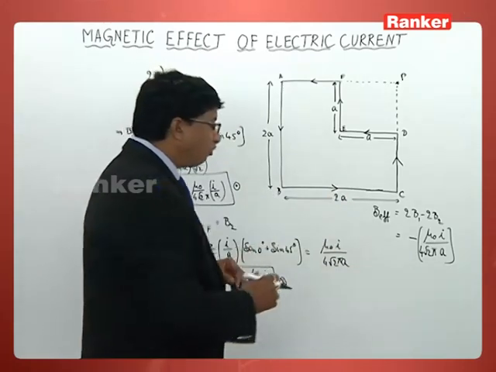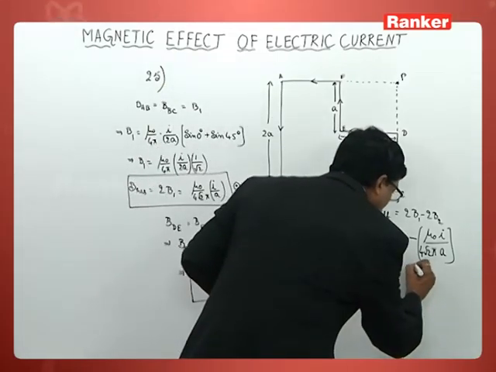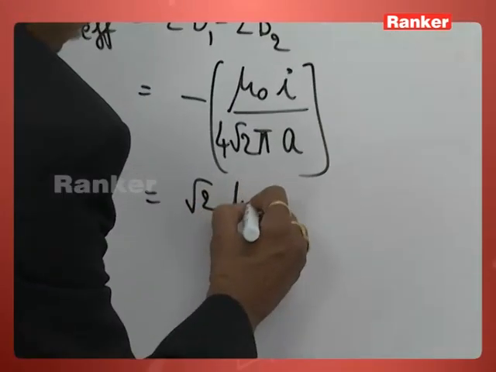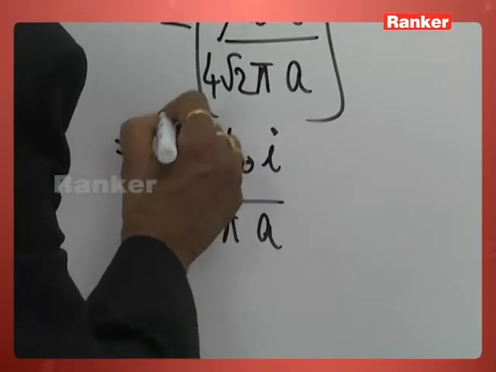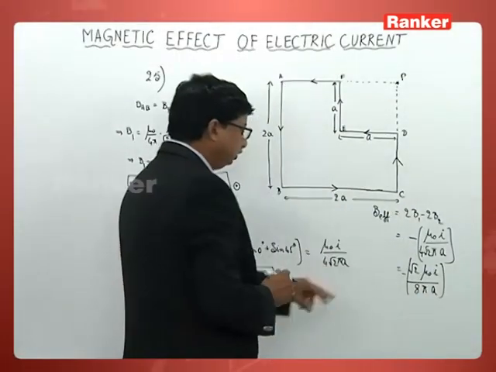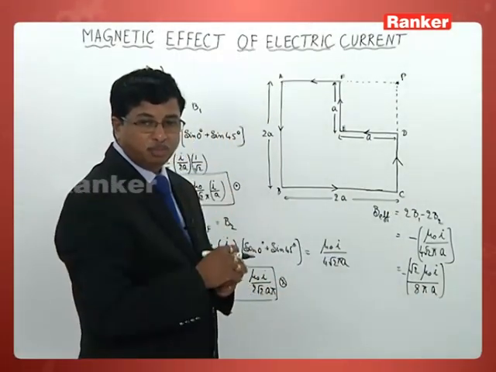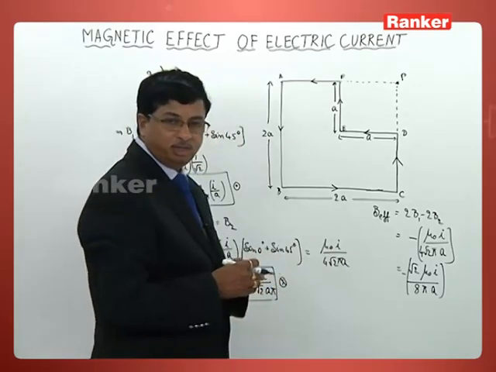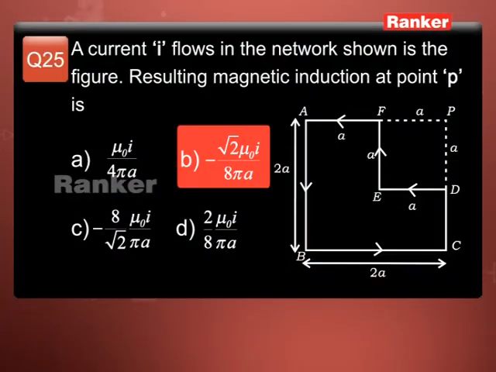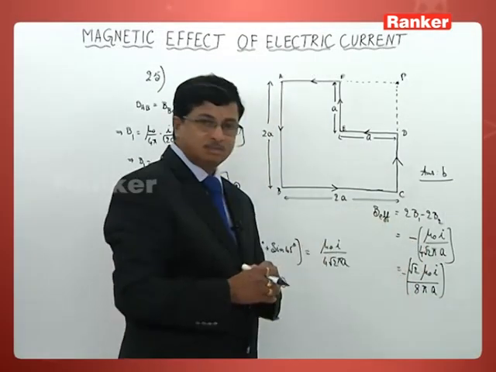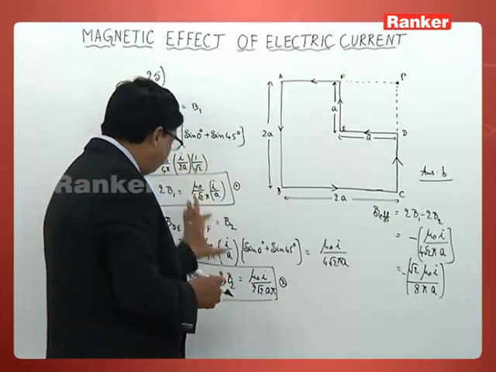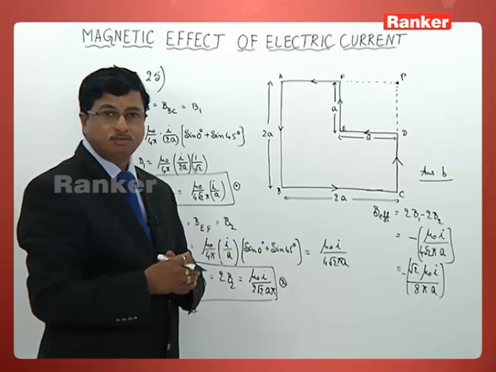So this is as well equivalent to minus root 2 mu naught I by 8 pi A. That is what has been given in the problem. So what is the correct option over here? The correct answer for this particular question is going to be B. Whatever B given is this, that also can be rewritten like this. Simply take the difference of these two and finalize your answer.